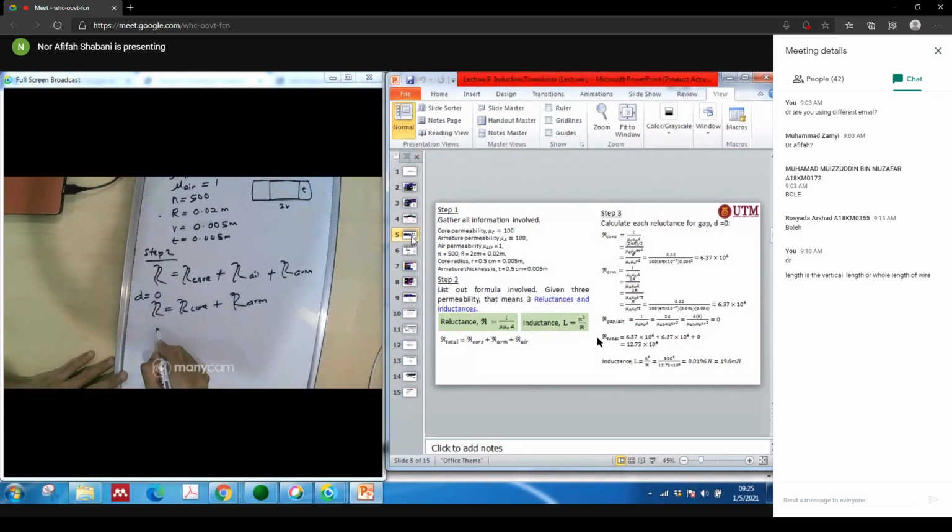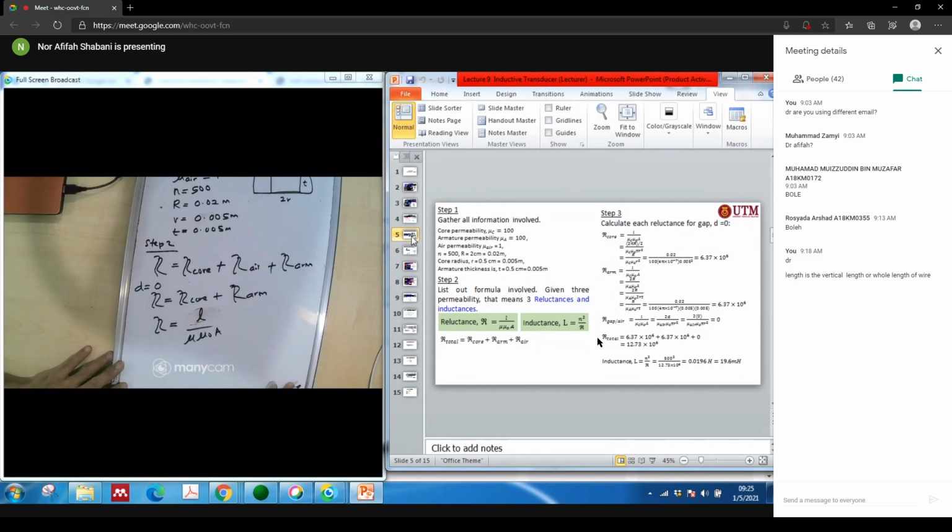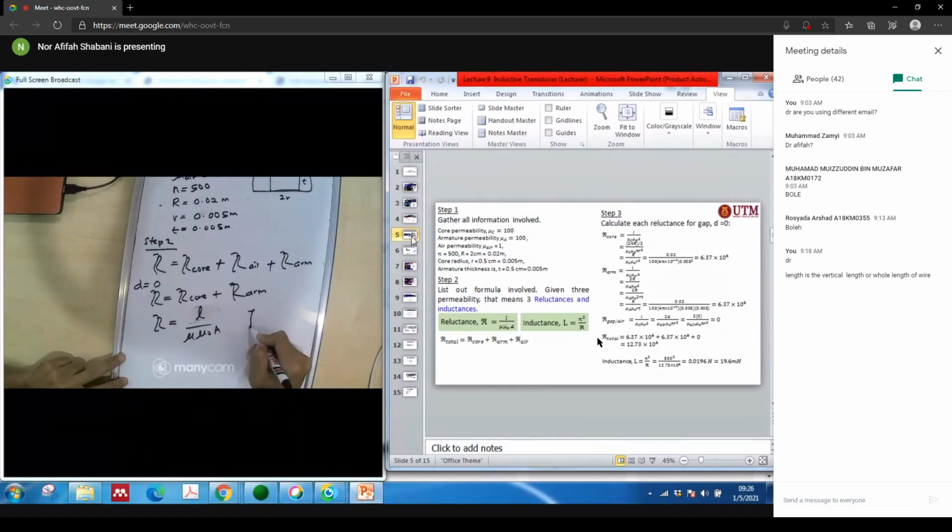The reluctance depends on the length L, and mu naught, and A. Because D equal to 0, you don't have any air here. From this you can find your L, where L equals N squared over the total reluctance.